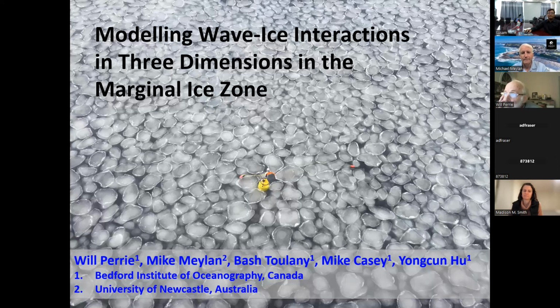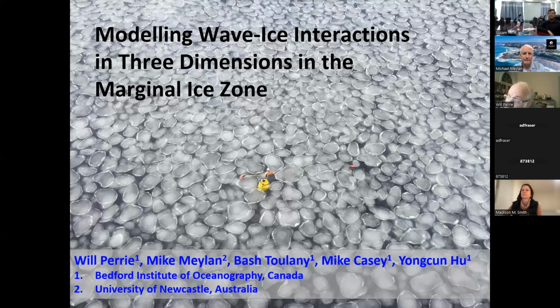So I'm going to talk about modeling wave-ice interactions in 3 dimensions in the marginal ice zone. First of all, the photograph is from a field experiment almost 8 years ago in October. It was led by Jim Thompson from University of Washington, and he will be speaking after me.